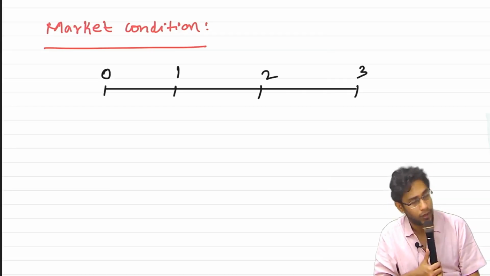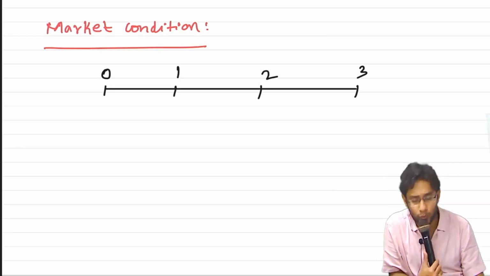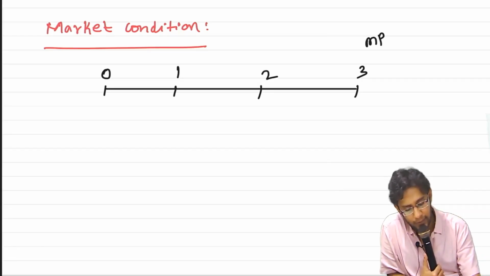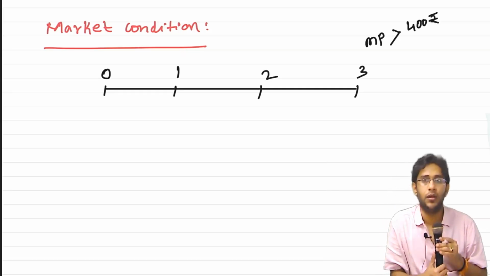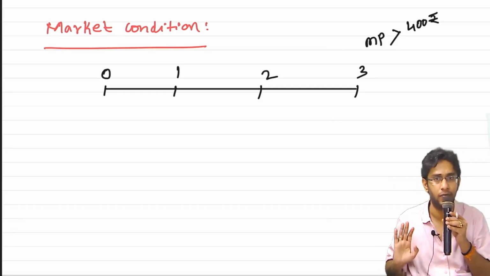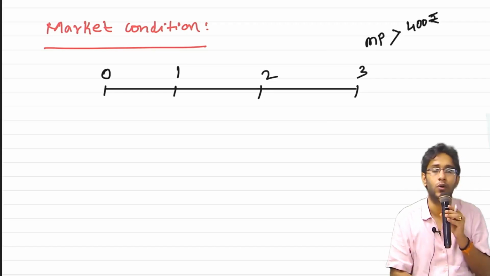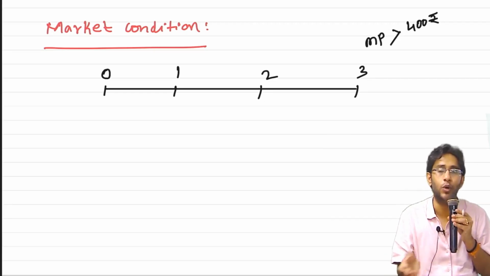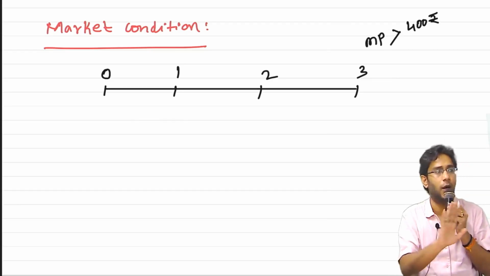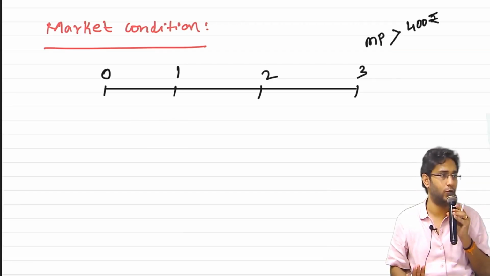I told the employee that the option will get vested to you only if the market price of the share exceeds 400 rupees at the end of the third year. If it does not cross 400, options are not vested, even though you stay in the company and fulfill the remaining conditions. Am I clear till here?